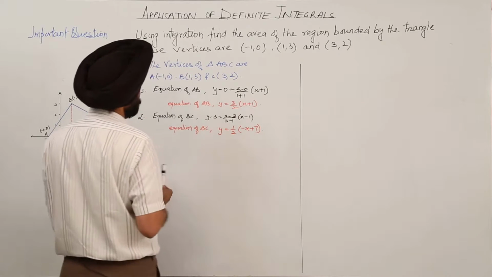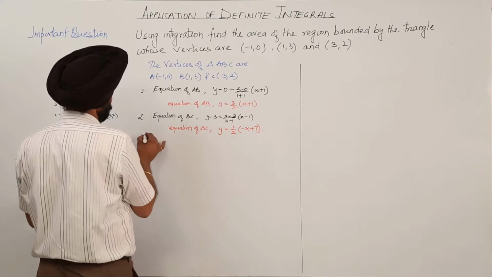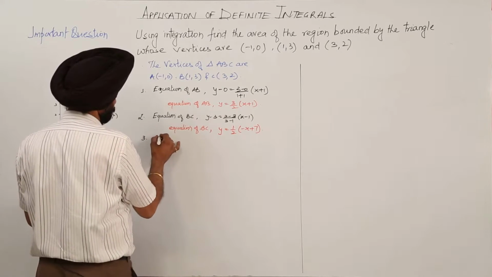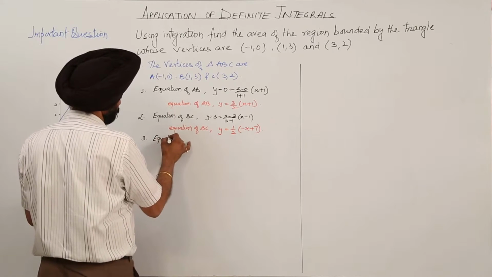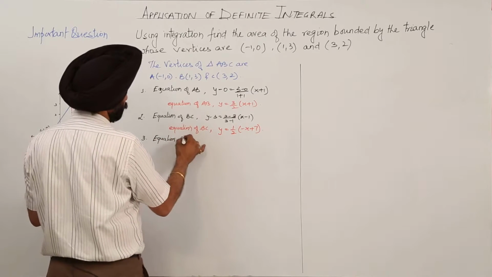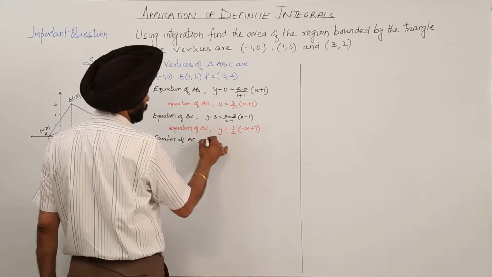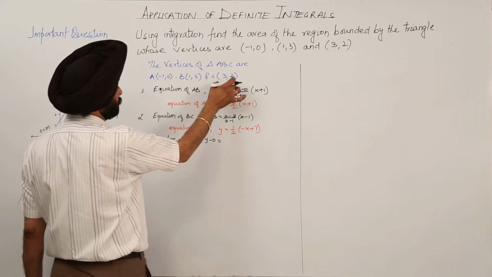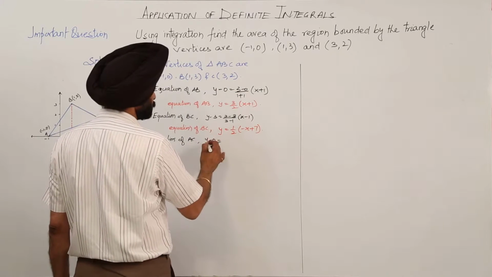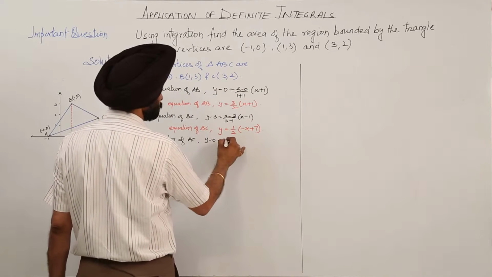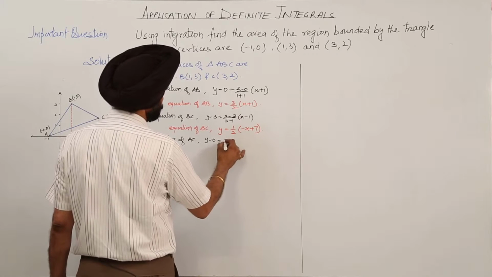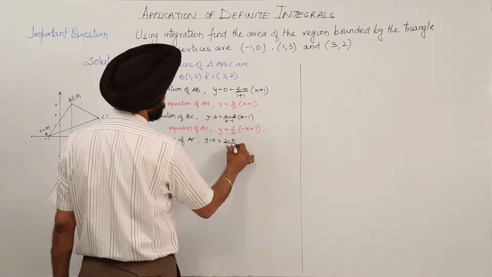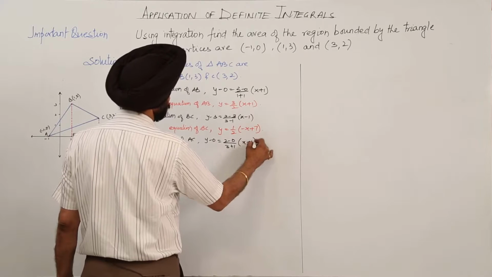Then the third one is the equation of AC. y minus 0, now we have coordinates (-1, 0) and (3, 2). So y minus 0 is (2 minus 0) upon (3 plus 1) times (x plus 1).